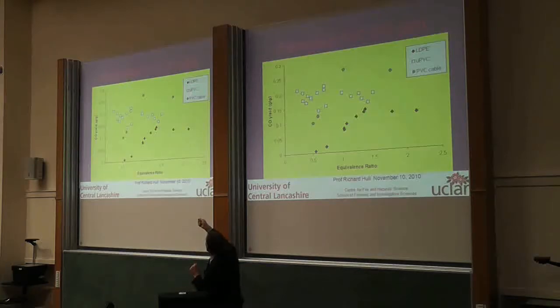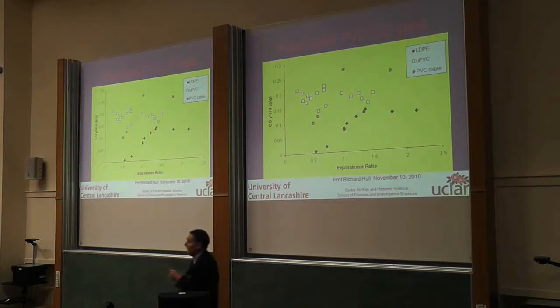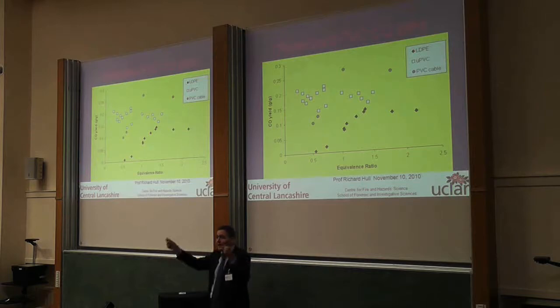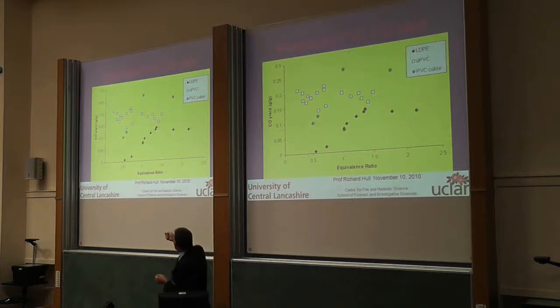If we take LDPE, you can see the shape of that curve that I was showing you before, which shows that dramatic rise in carbon monoxide, which then levels off as you get into very under-ventilated flaming. So then we tried a piece of PVC cable. One of the nice things about the steady-state tube furnace is it's absolutely brilliant for burning cabling, because it's linear, it burns along the length, and you can get the shielding effect of the outer parts of the cable and the effect of the inner part of the cable burning.